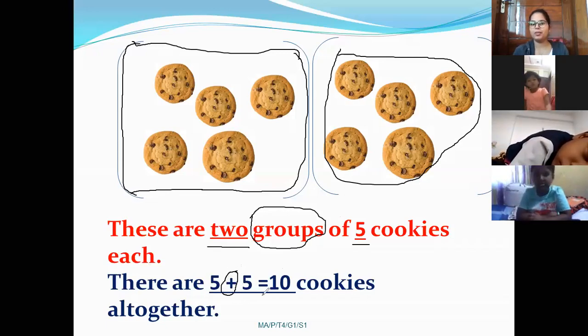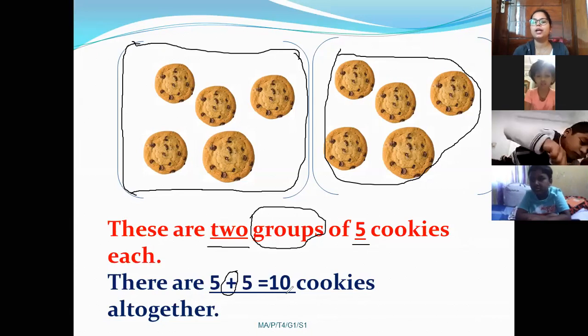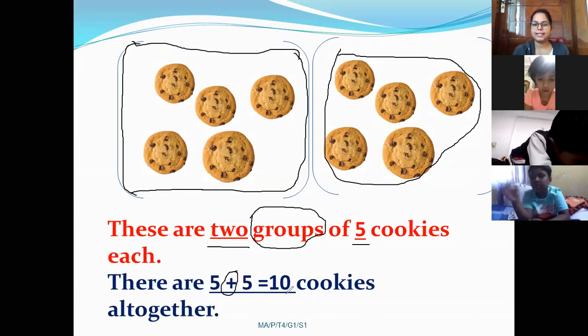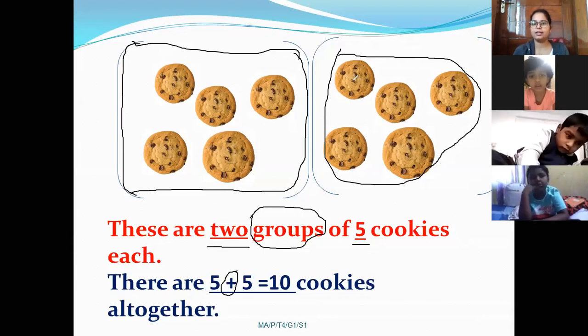And total how many will be there? 5 plus 5 is equal to how much? We all know that 5 plus 5 is equal to 10. Or you can count also. 1, 2, 3, 4, 5, 6, 7, 8, 9 and 10.